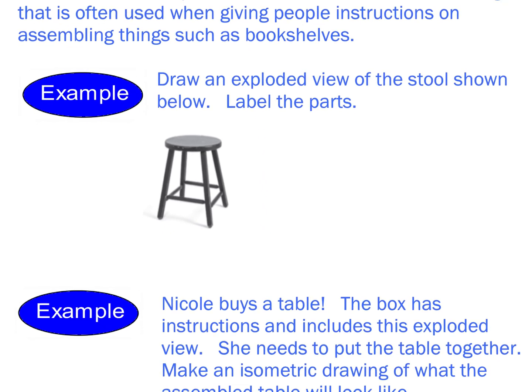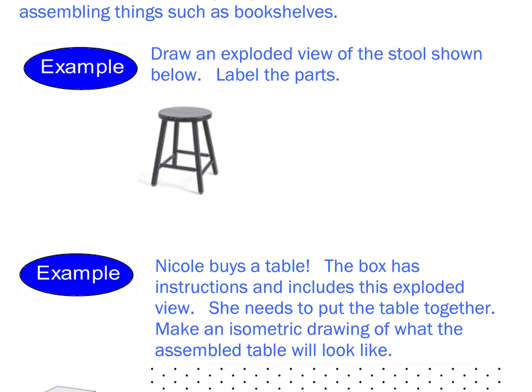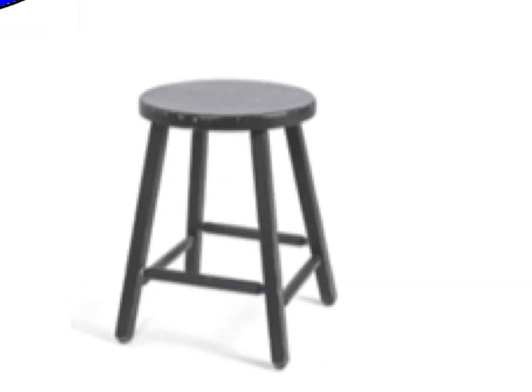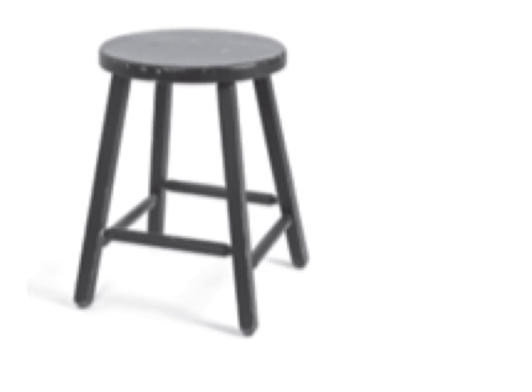So what this is asking us to do in the first example is to draw an exploded view diagram of the stool and label the parts. So what kind of parts do we have here? Well, when we take a look at the stool, we obviously have where you sit, so it's probably the seat, right? That's the seat. Then we have four legs right here.